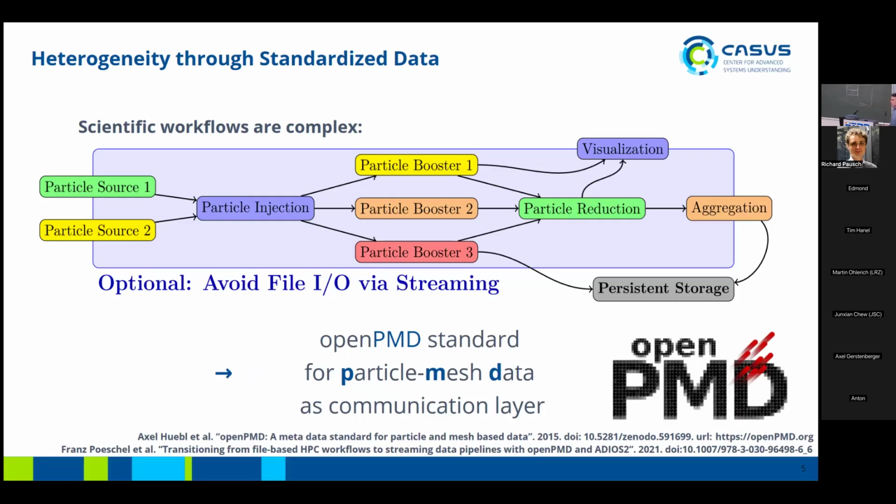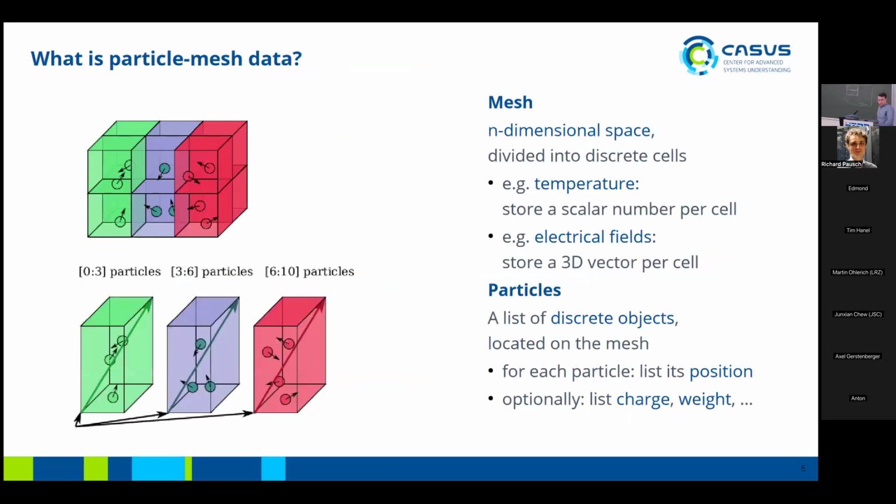It is one of the software projects, and not only a software project, but like I said, also a data standard that is used in our ecosystem, for example, in PIConGPU, next to Alpaka. So particle mesh data, what does that mean?